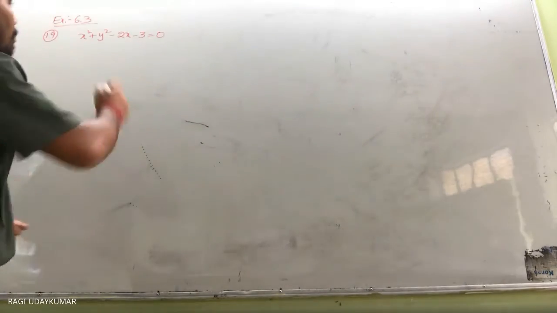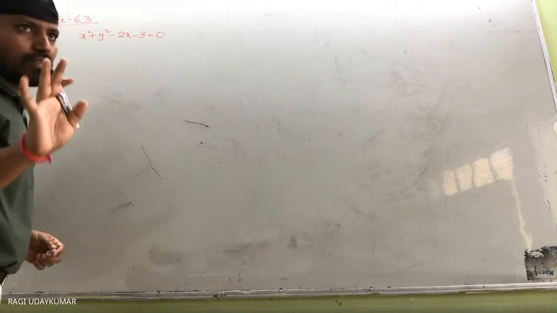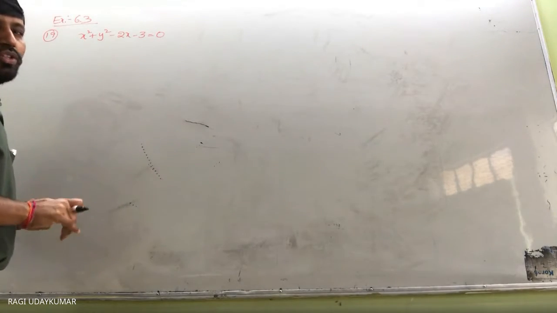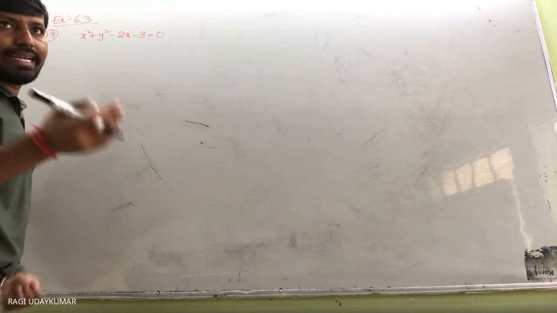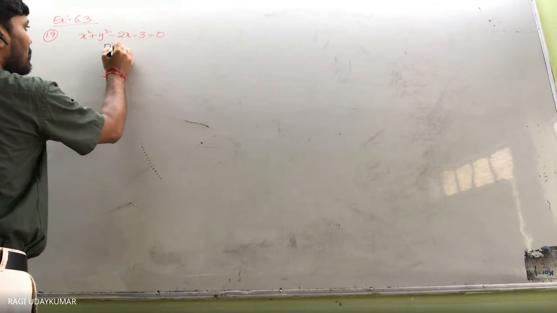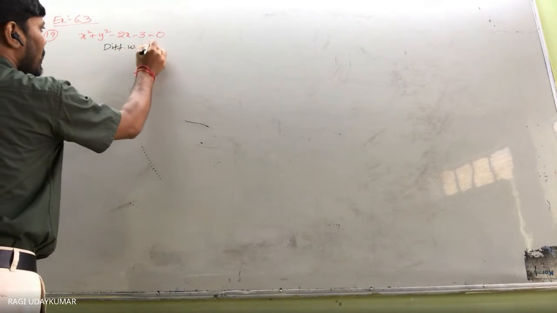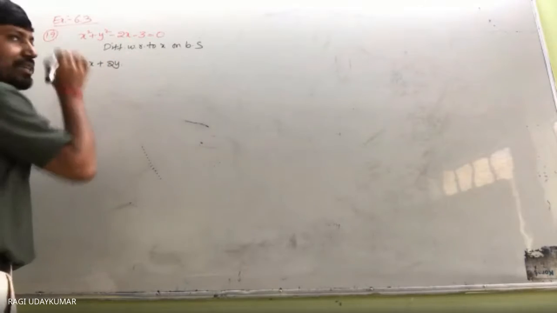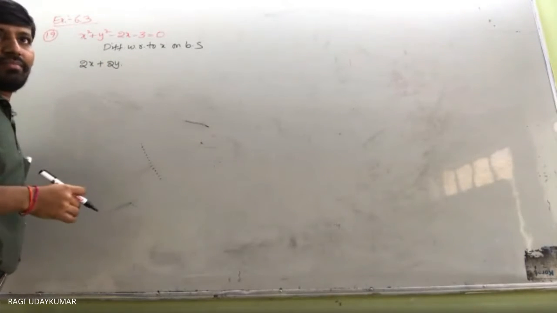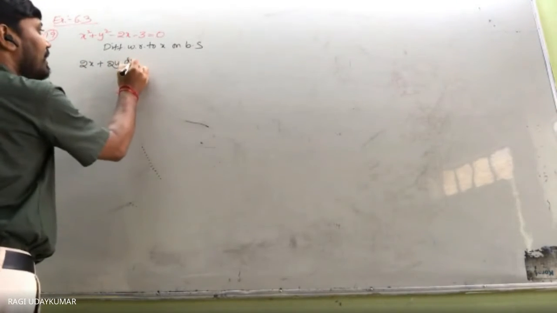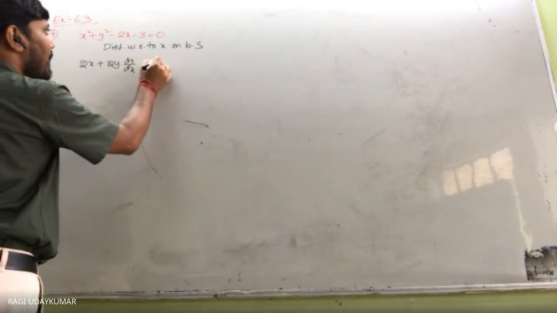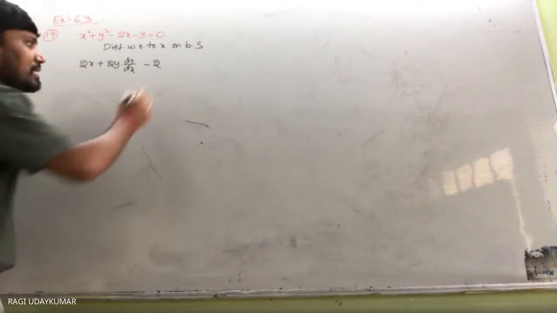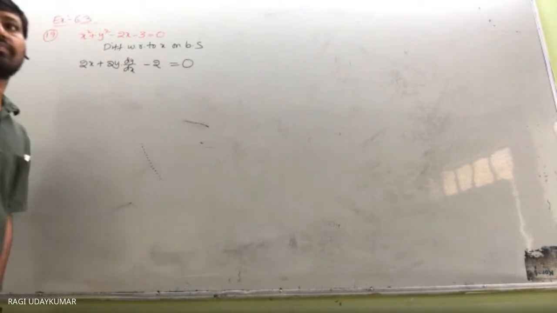So now, what to do here? You need to find dy by dx. So differentiating this with respect to x on both sides, what do you get? 2x plus 2y dy by dx minus 2 is equal to 0.